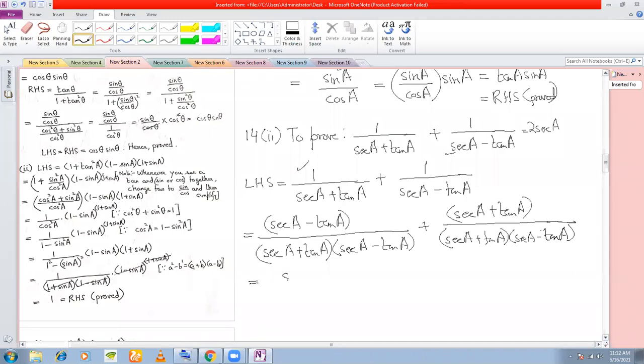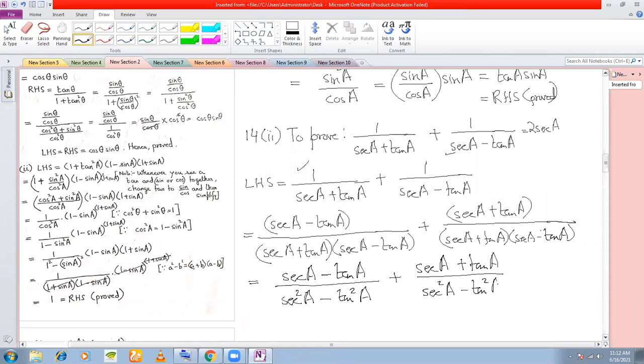Now see what happens. In the numerator here, you are left with sec A minus tan A. The denominator is of the form (A plus B) into (A minus B), so you have sec square A minus tan square A, which is A square minus B square form. Here also you have sec square A minus tan square A. Fine.